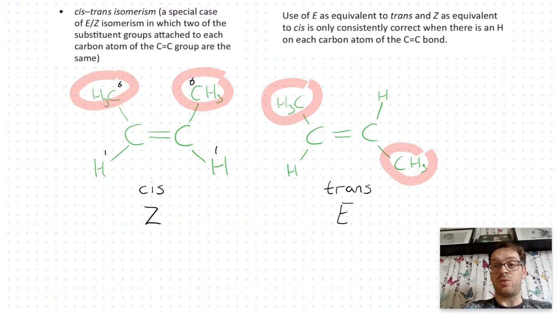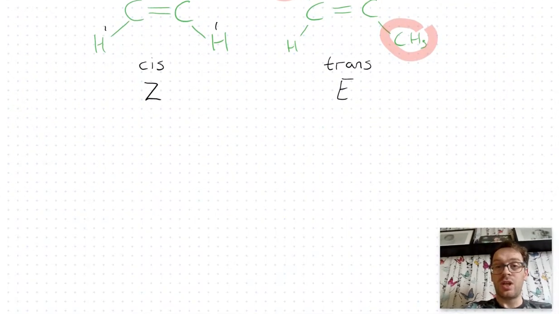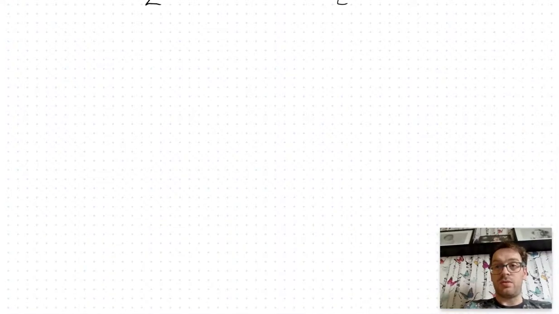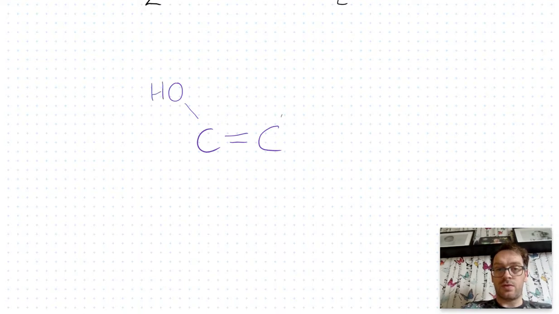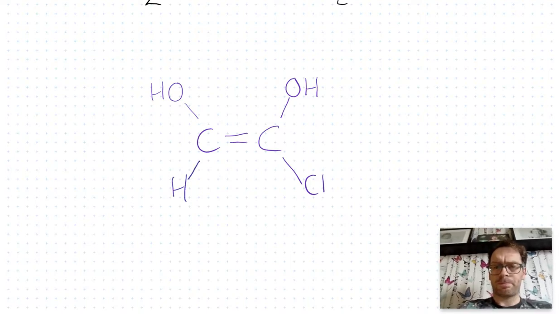So if we have a look at some examples where this isn't going to be the case, just to get a feel for this. It is important that you carefully read what type of naming they want. Do they want EZ? Do they want cis trans? Is it a bit more open? So let's have a look at one, for instance, this one here.